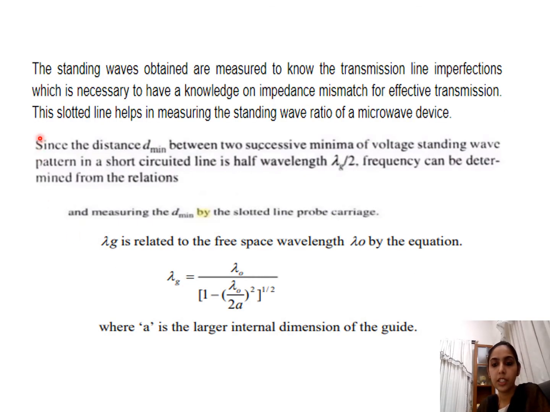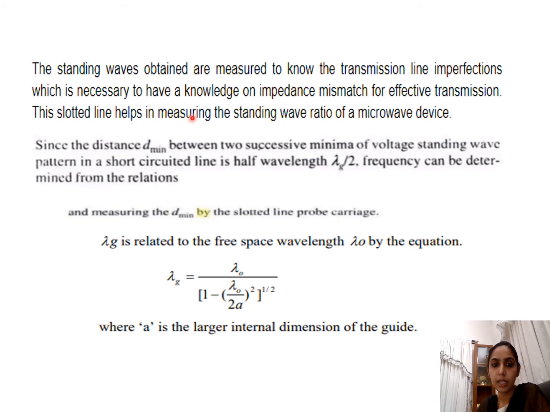You have to remember that in this slotted line method, we do not get the frequency directly. We get the wavelength, and then we relate it to frequency by the standard equation. The standing waves obtained are measured to know the transmission line imperfection, which is necessary to have knowledge of impedance mismatch for effective transmission.